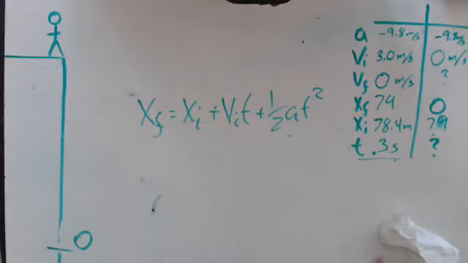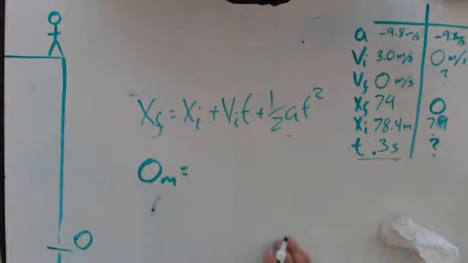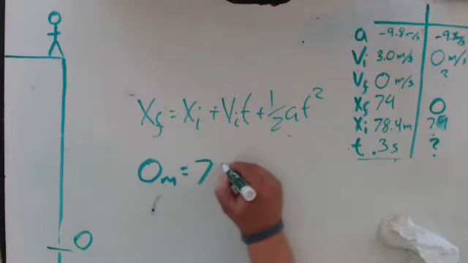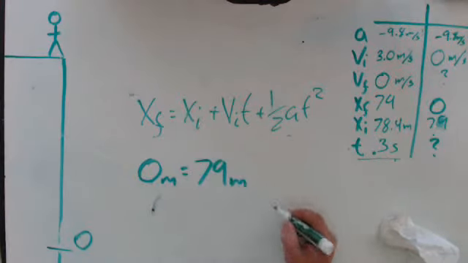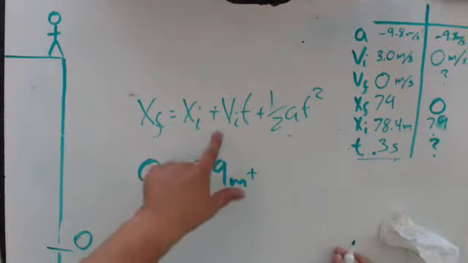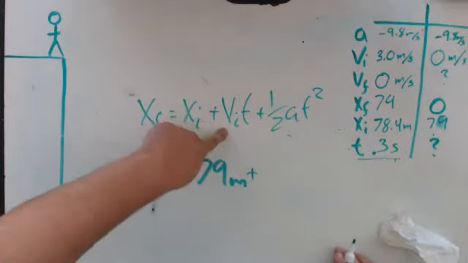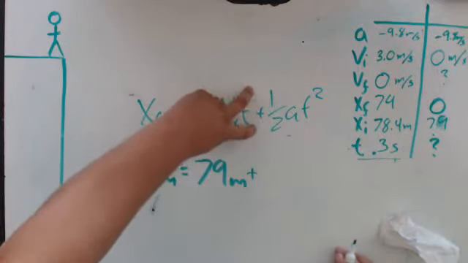Okay? My final position, well, we say it hit the ground. My initial position, it starts up really high, plus the initial velocity. This is a really great thing because this term is 0, so this whole thing goes to 0.